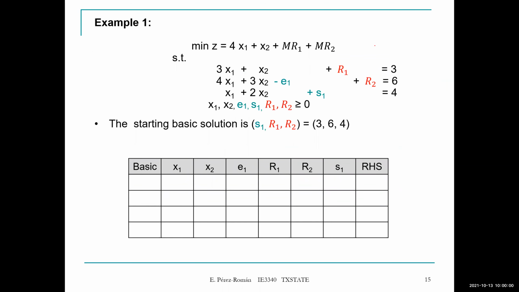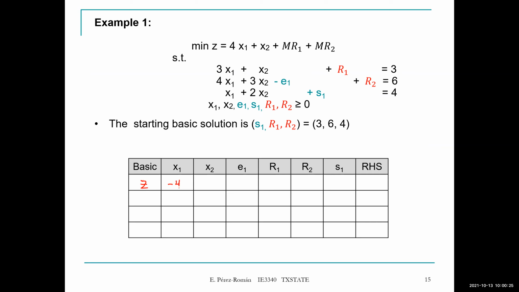So we end up with this. Again, this is the formulation, starting basic solution. So let's set up the tableau now. We're almost there. And all we are trying to do here is to find an initial solution so we can apply the simplex method. So we can look at the tableau.